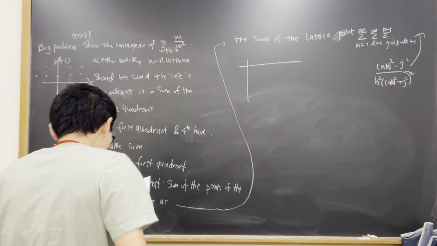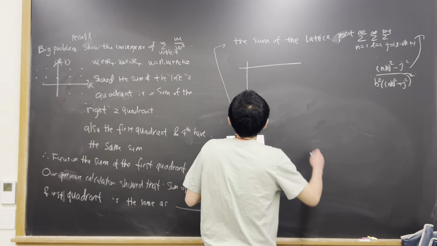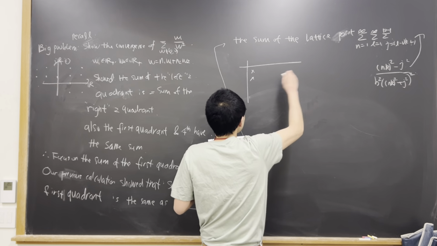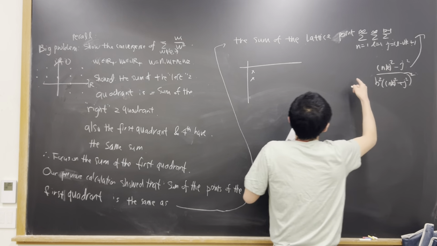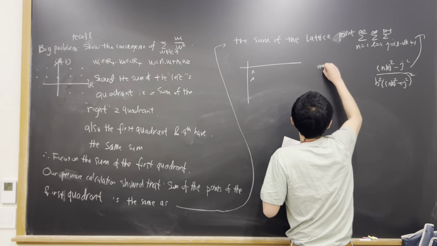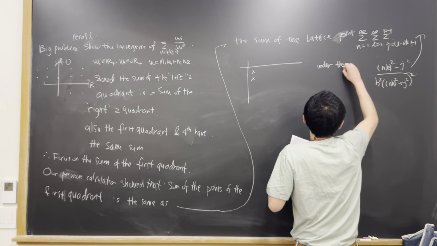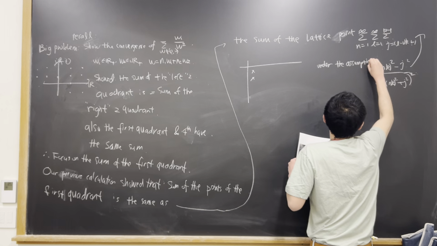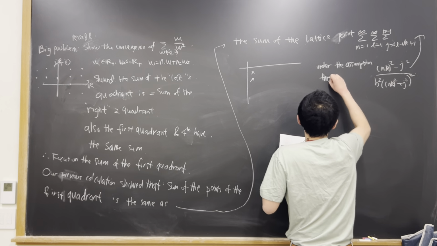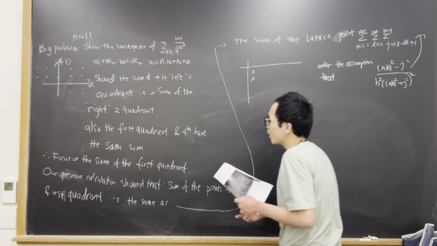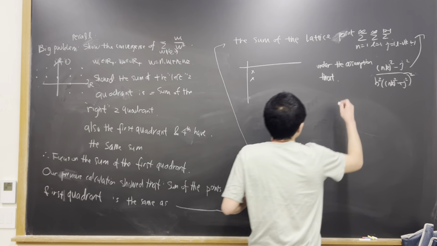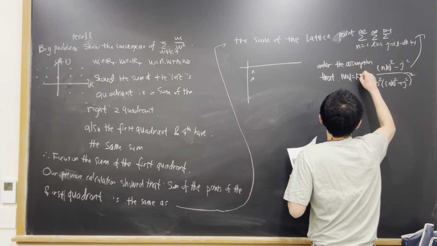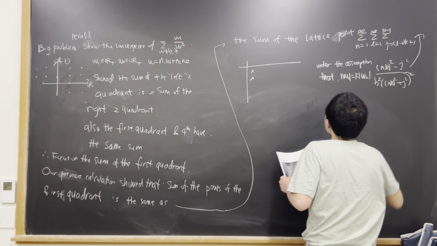So this lattice basically is under the assumption that the modulus of omega 1 is equal to k times the modulus of omega 2.